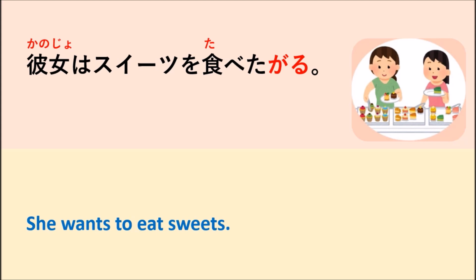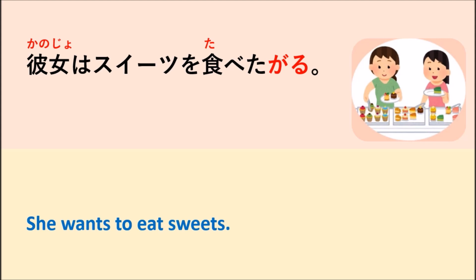In a situation like this, when we use tabetagaru, it's not she only, but almost everybody who wants to eat sweets. So in a case like this, we talk about almost everybody. It has the meaning that everybody wants to eat sweets.